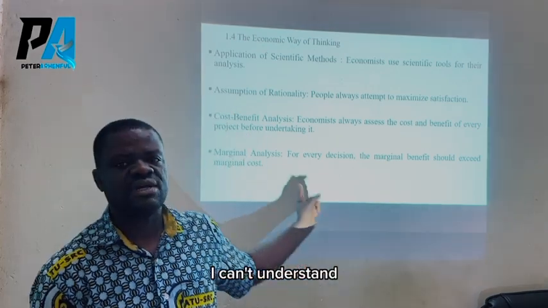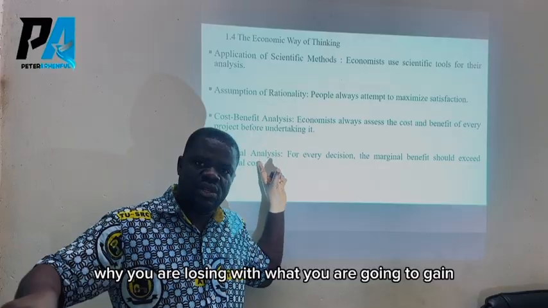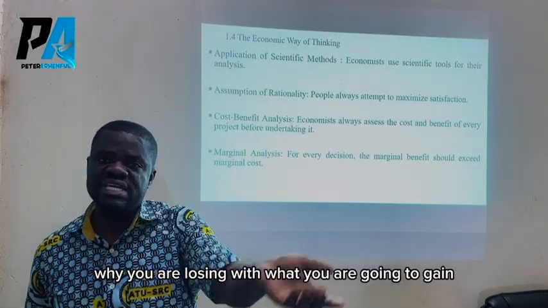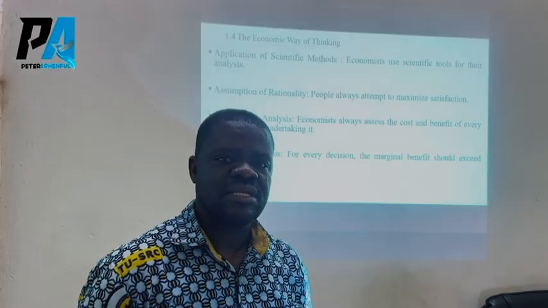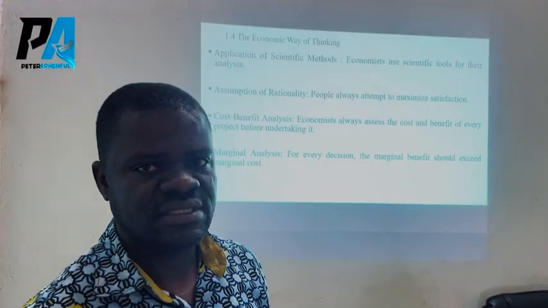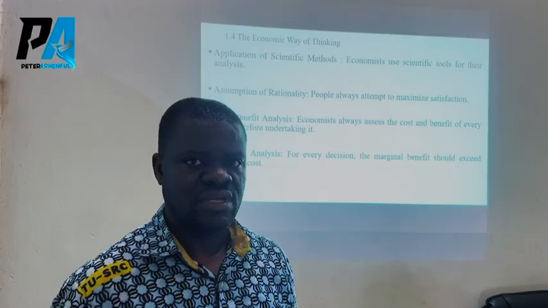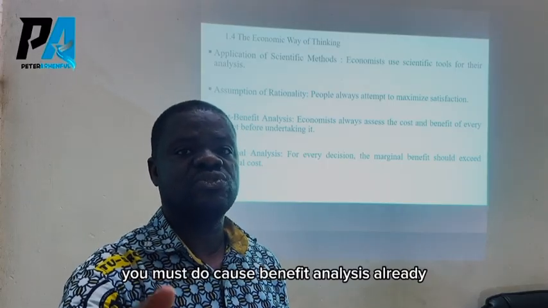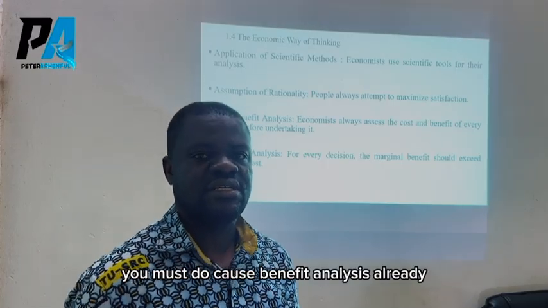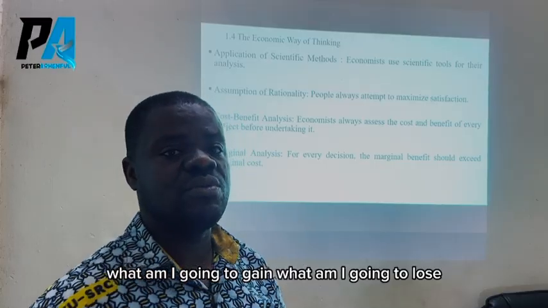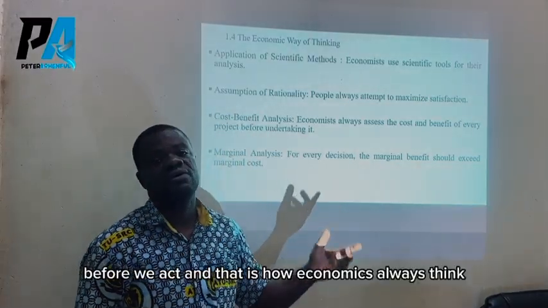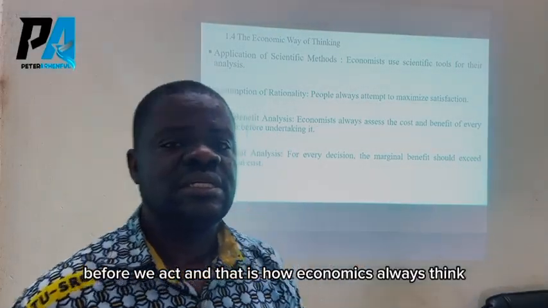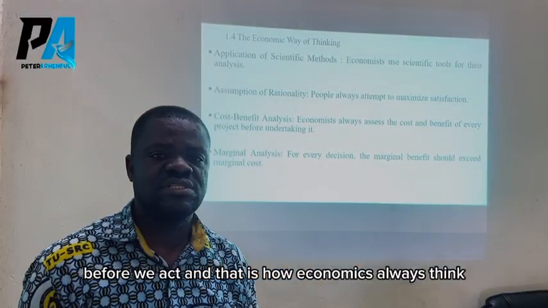So economists will always compare what you are losing with what you are going to gain. So assuming you are learning, and somebody comes, can you please escort me to circle? Should you go or not? Economists will say, you must do cost-benefit analysis. What am I going to gain? What am I going to lose? So you must always do cost-benefit analysis before we act. And that is how economists always think.